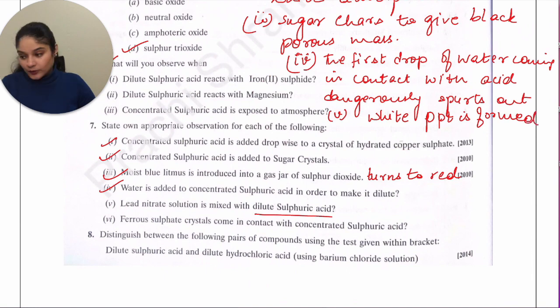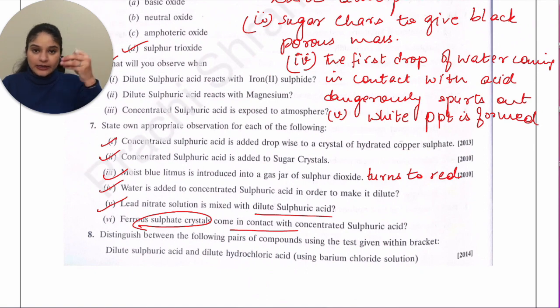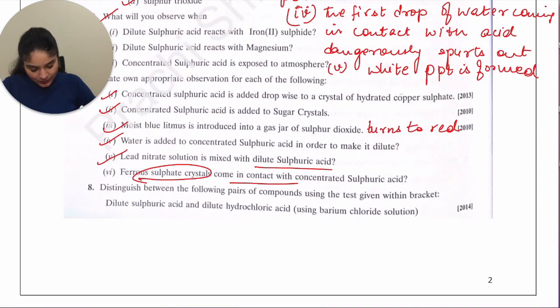Now the next one is ferrous sulfate crystals come in contact with concentrated sulfuric acid. When the green crystals come in contact, they change into a white powder. Let me just write it. I'm just looking for space. Let me leave that space for question number 8.